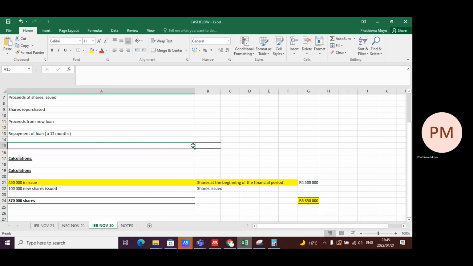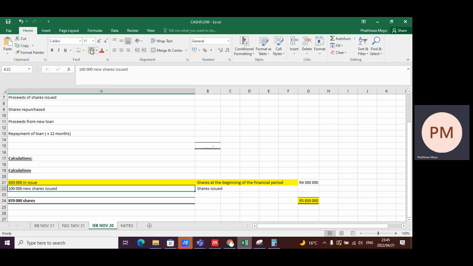So for X to solve, we don't know how many were issued. But we know that there were shares issued. So guys, X is very reliable.